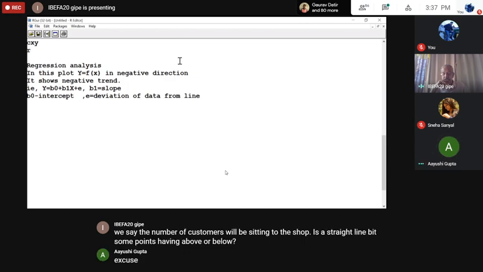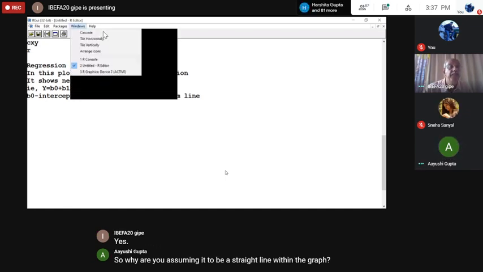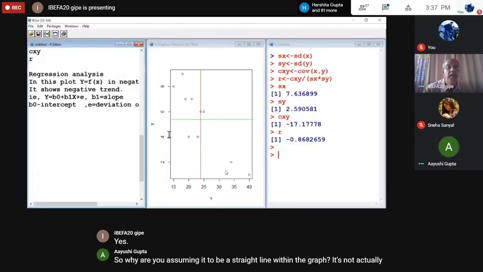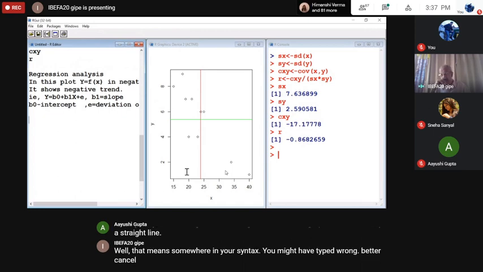Excuse me, sir. Yes. So why are you assuming it to be a straight line when in the graph it's not actually a straight line? Well, that means somewhere in your syntax you might have typed wrong. Better cancel it and retype again. Okay. Did you get the graph? Yes, sir.